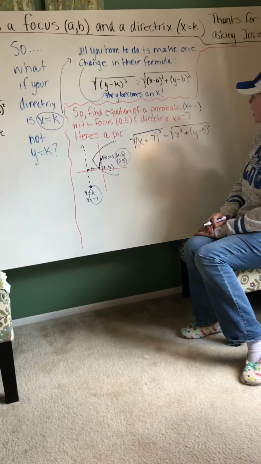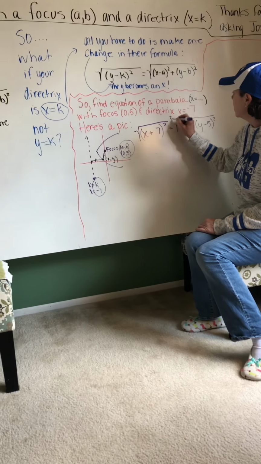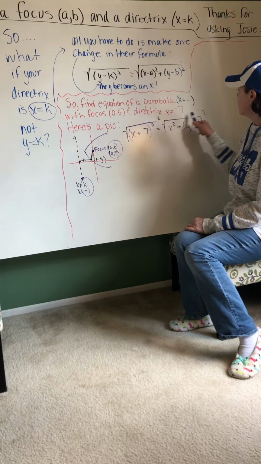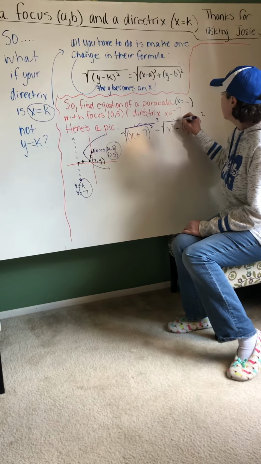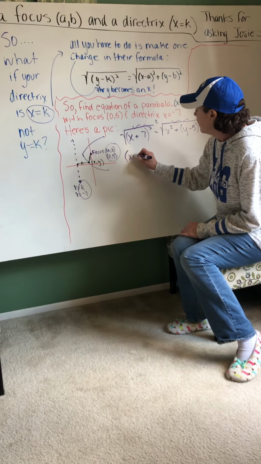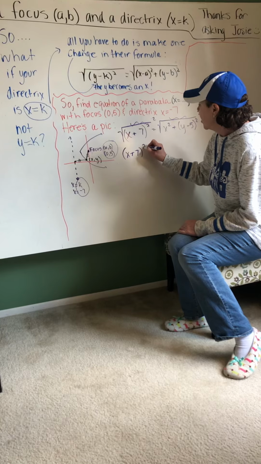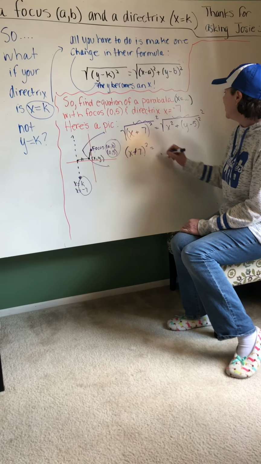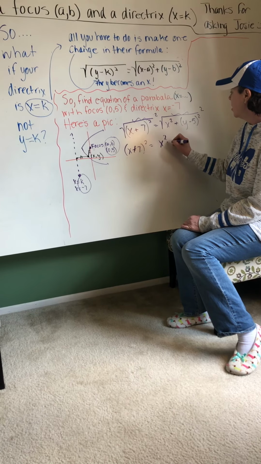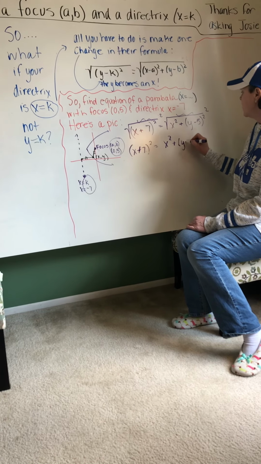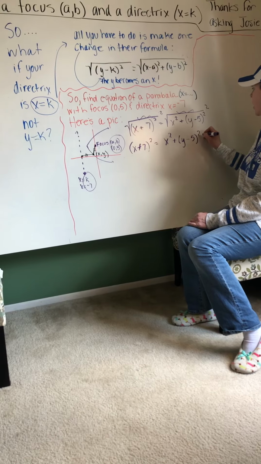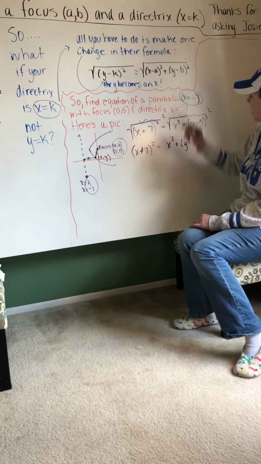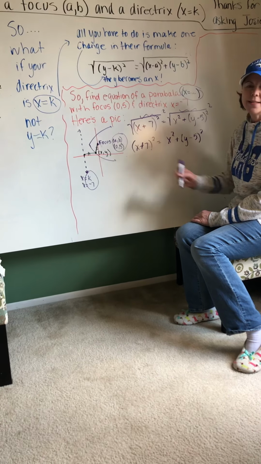Okay, let's take a look. The first thing we're going to do is square both sides to get rid of the square roots. So we have x plus 7 squared equals x squared plus y minus 5 squared. Remember, we're working to get the x alone. That means I have to get this x out of here.